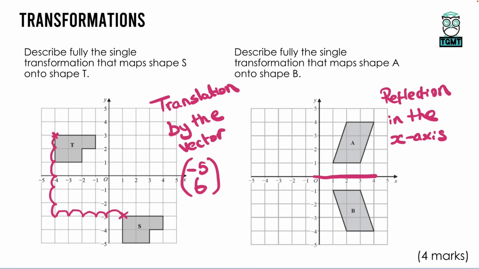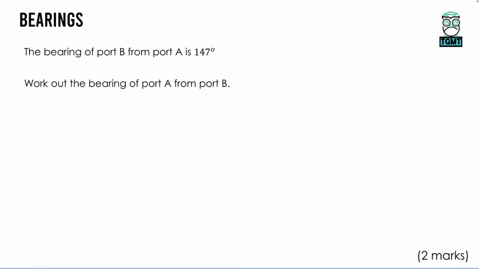And looking at a bearings question, this says the bearing of port B from port A is 147 degrees. Work out the bearing of port A from port B, essentially coming back the other way. Now the best thing we can do is draw a small diagram for this. So it says the bearing of B from A is 147.